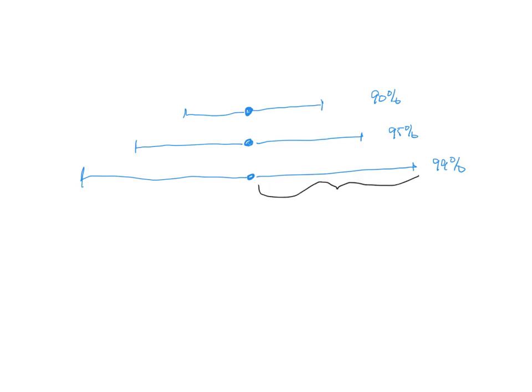Okay, so the margin of error is increasing as my confidence level is increasing. And that's because your margin of error is equal to your critical value times your standard error, which is a variation on your standard deviation.